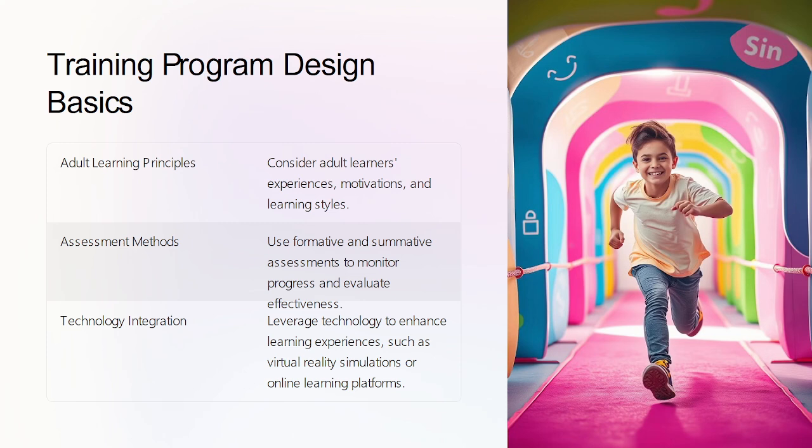So in the adult learning principle, the basic training is to experience the learning styles, change the learning style, and learn how to motivate the children and how to motivate the trainers. This is the most important part you need to understand.